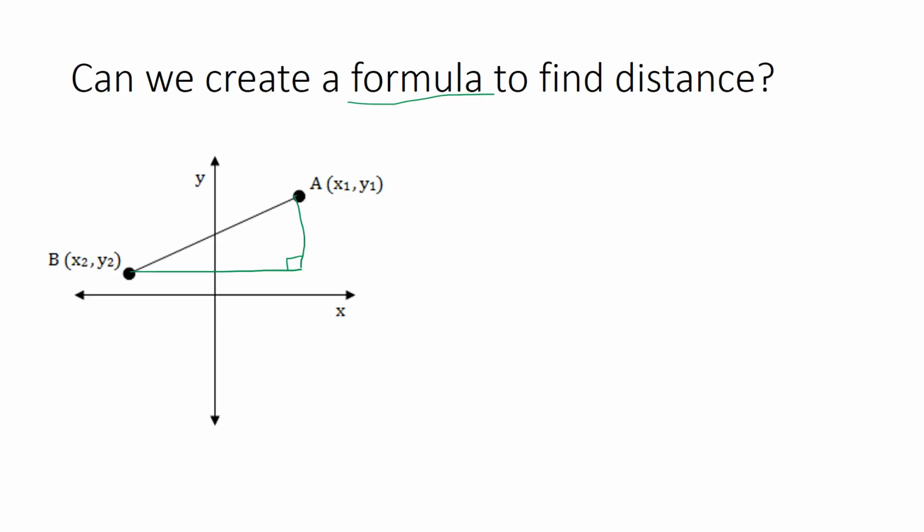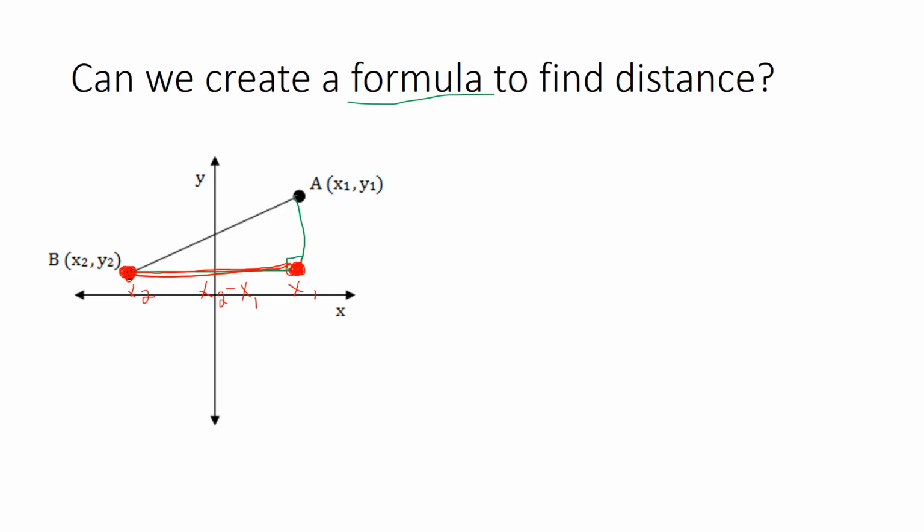So if we wanted to find the distance from point B to this right angle on the right-hand side, the base of this triangle, we would take the x value from this point, which is x2, and the x value from this point, which is x1, and we would simply subtract the two. That's what we did on the last slide, right? We would take x2 minus x1.